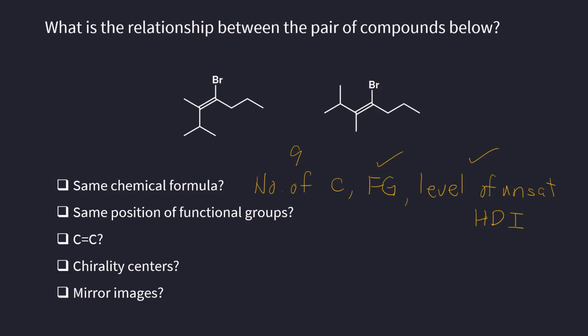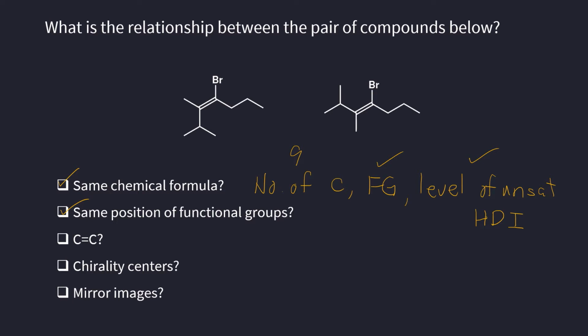Next, do they have the same position of functional groups? So if you look at the double bonds, they have a methyl and isopropyl group on one side, and they have a bromo and a propyl group on the other side of the double bond. So they have the same position of functional groups. The double bond is located in the same place on the carbon chain.